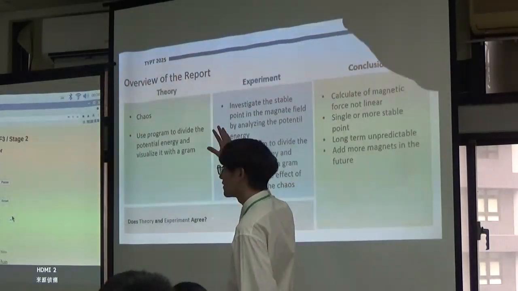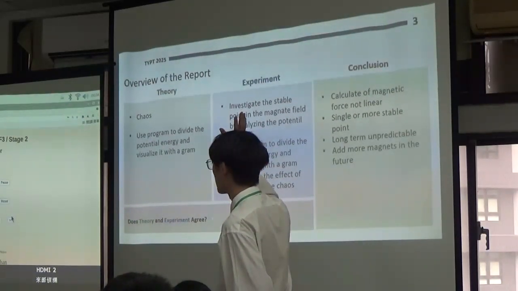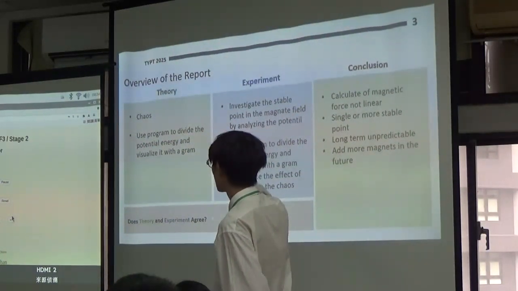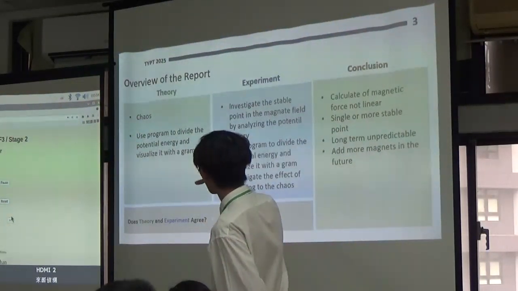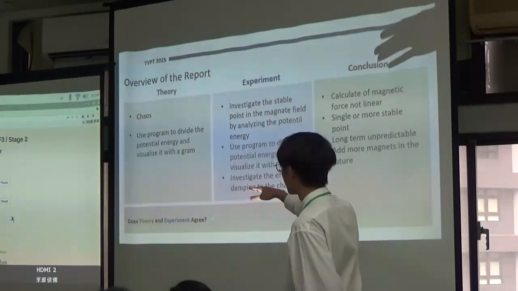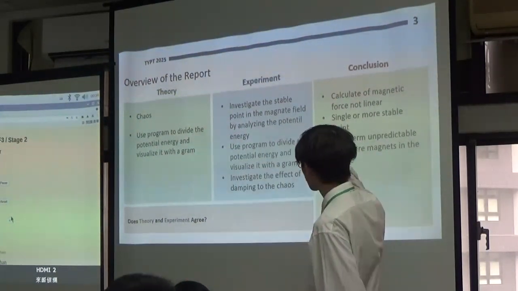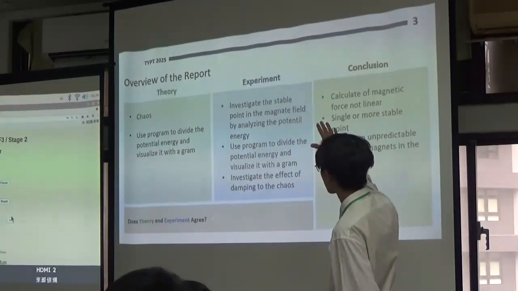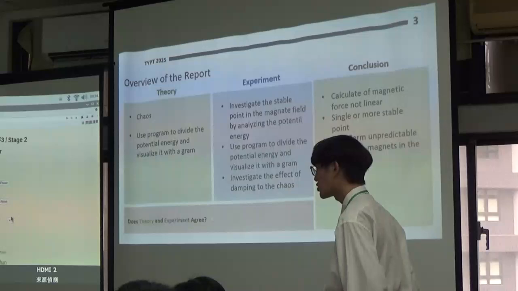The theory part. First of all, chaos is the main focus that the reporter is on. And they use a program to divide the potential energy and visualize equilibrium, like the 3D grid. In their experiment part, they investigate the stable points in the magnetic field by analyzing the potential energy.